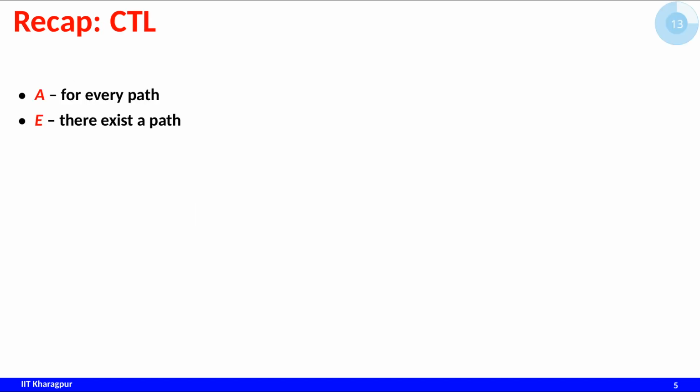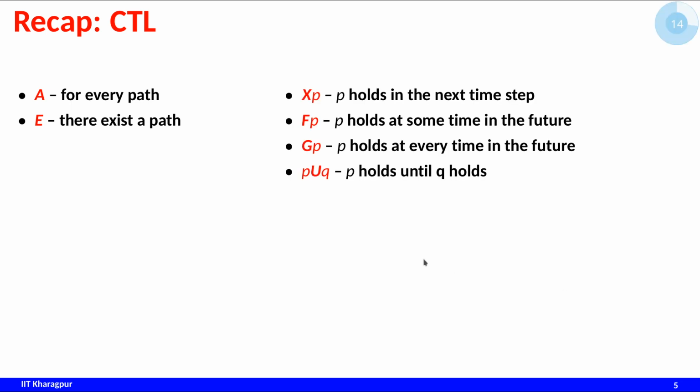Now a quick recap on CTL. We have two path quantifiers, always and existential. We have temporal operators like next, future, global, and until, which we have seen.